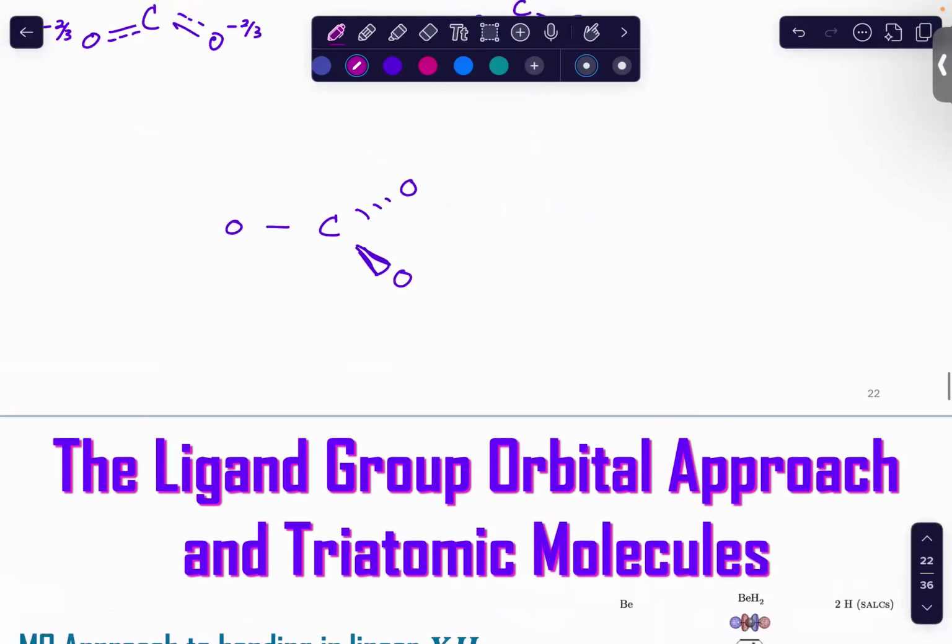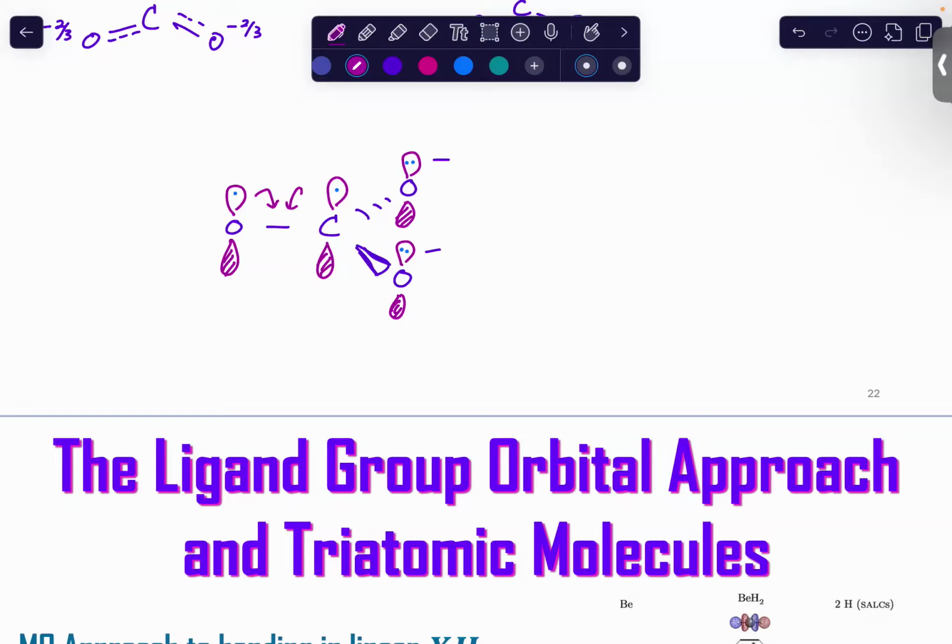So our pi structure is going to be formed from the two p orbitals of an oxygen and a carbon, then that's going to resonate around.